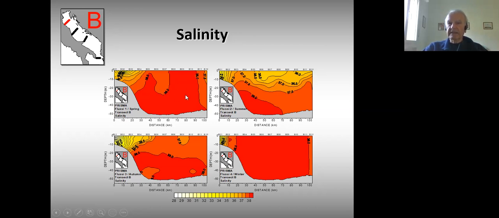So that's the situation in spring. We have a relatively strong freshwater river discharge because there is a lot of rain in this specific season, the salinity is minimum, and you have this patch.